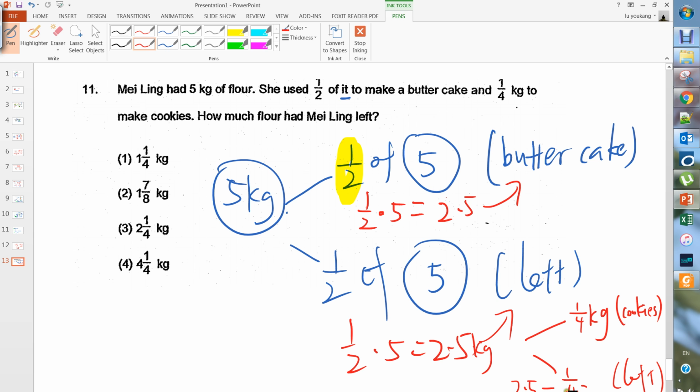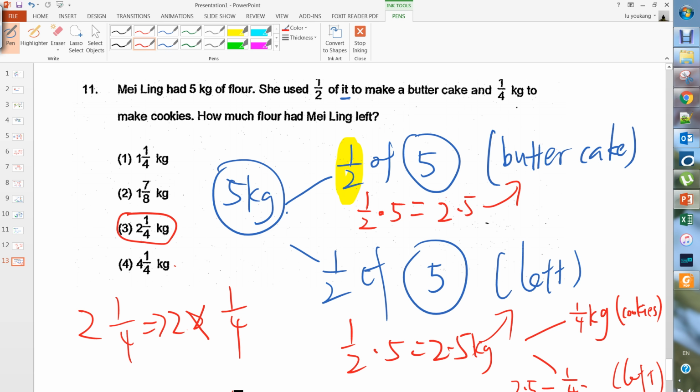You either give me a decimal or a mixed number. 2.25. So the answer is? Which one is 2.25 here? That means you need to change these to mixed numbers and see which one is the mixed number. 2 and 1/4. Okay, that means this is the answer. By the way, how do you read this? This is called 2 and 1/4. That's how you read it.